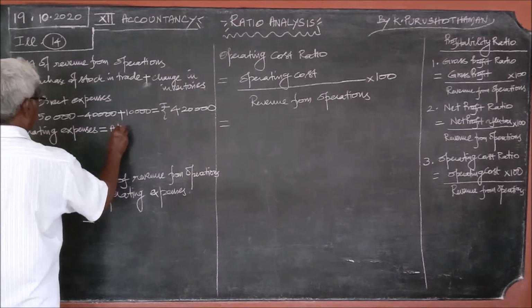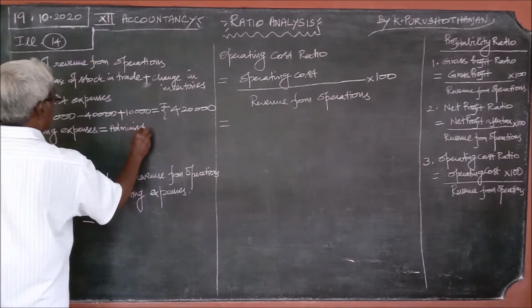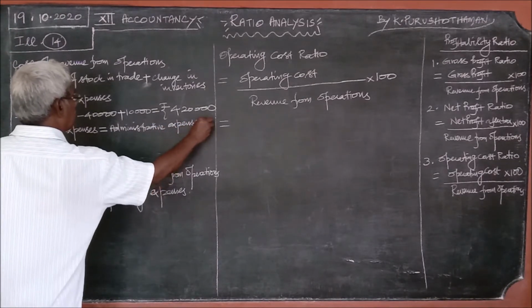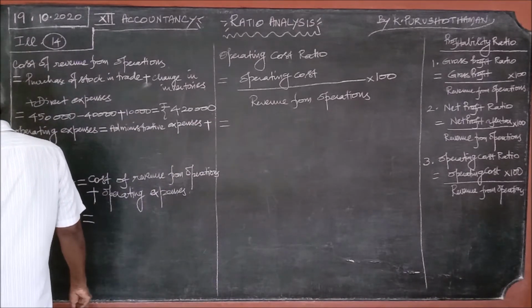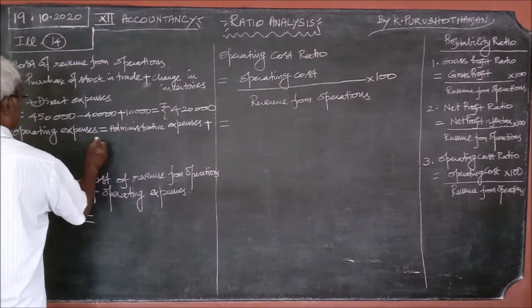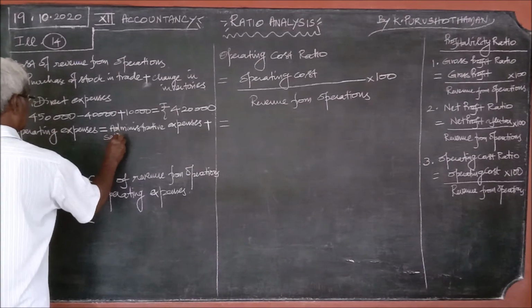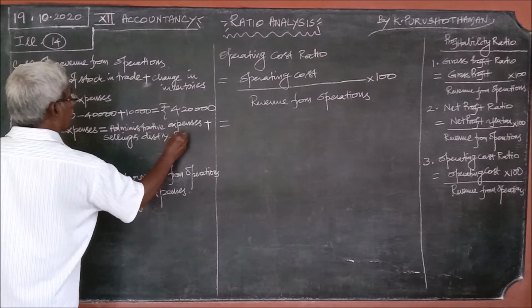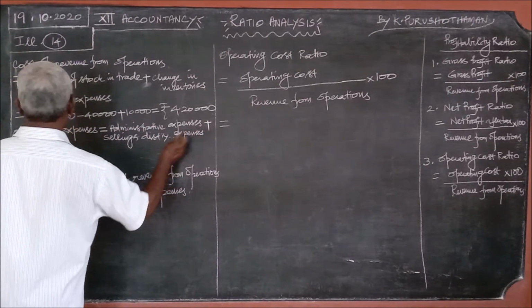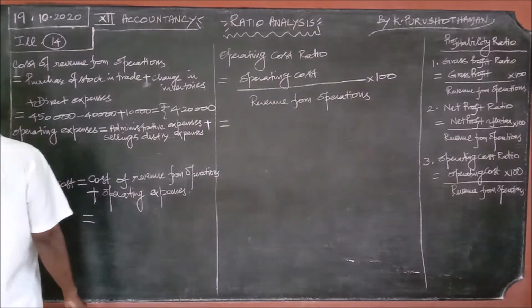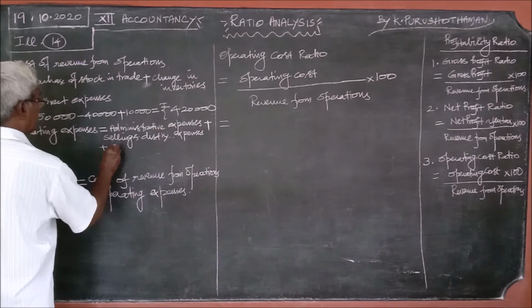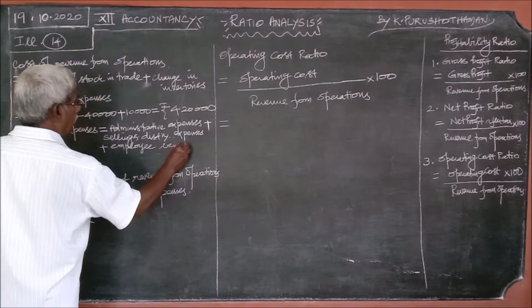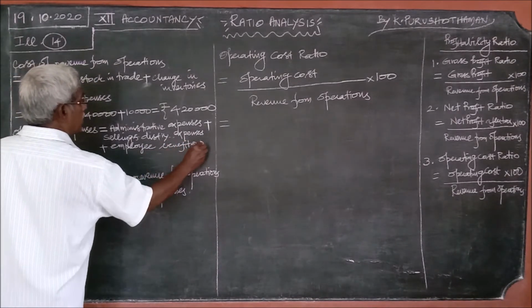Administrative expenses, plus the next item is selling and distribution expenses, plus employee benefit expenses.